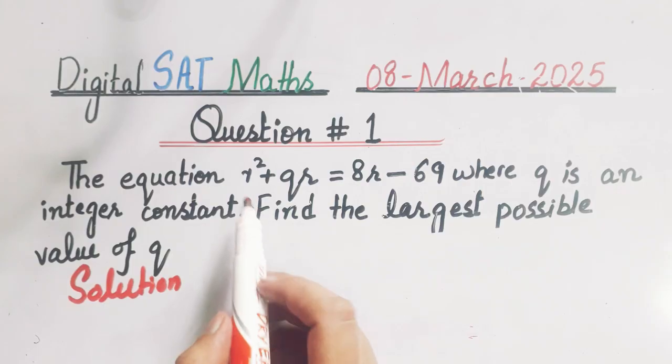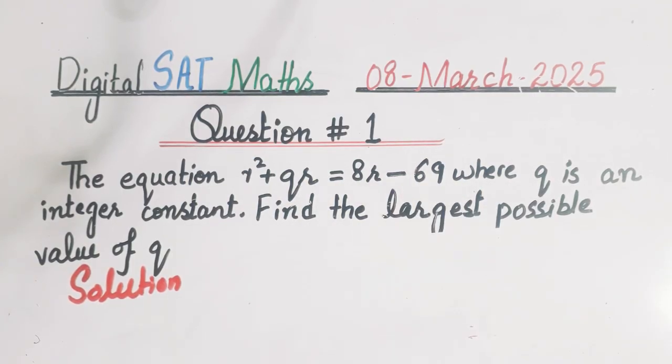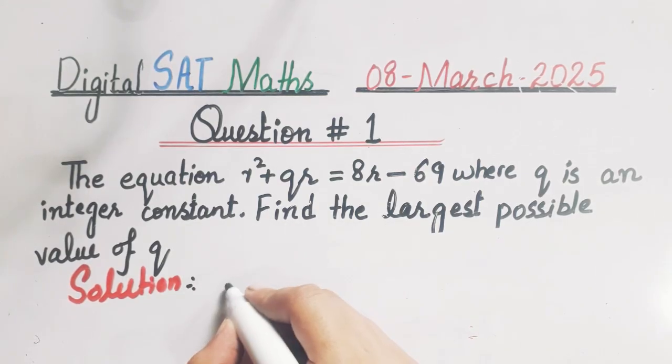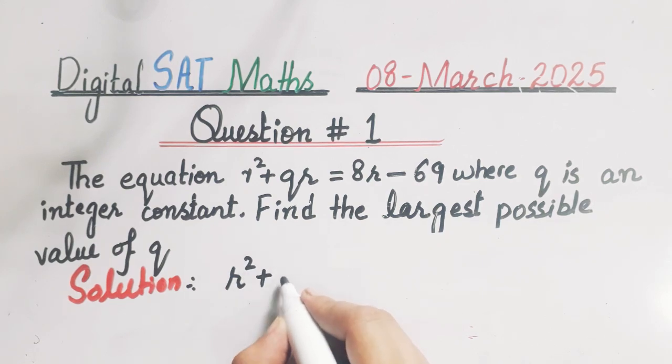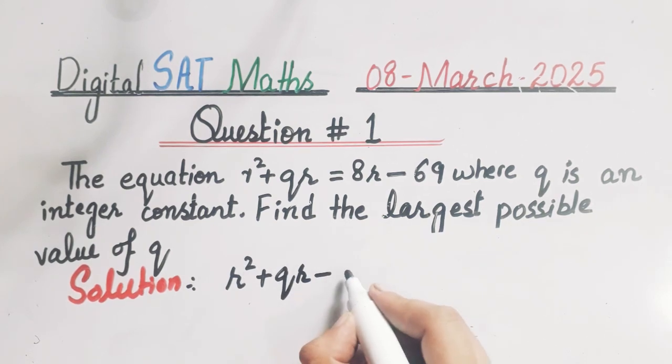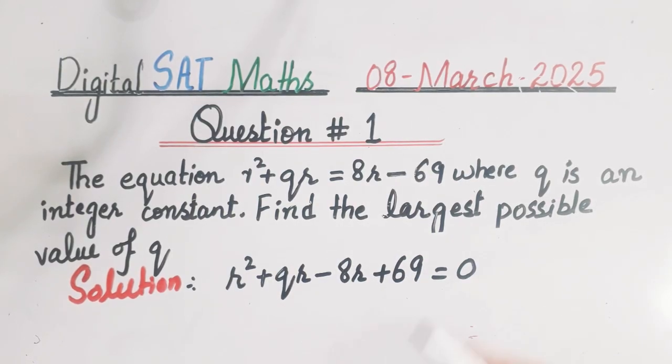First of all, here is the power r squared, then r to the power 1. It means this equation can be converted into a standard quadratic equation. So we will get r squared plus qr minus 8r plus 69 equals 0.